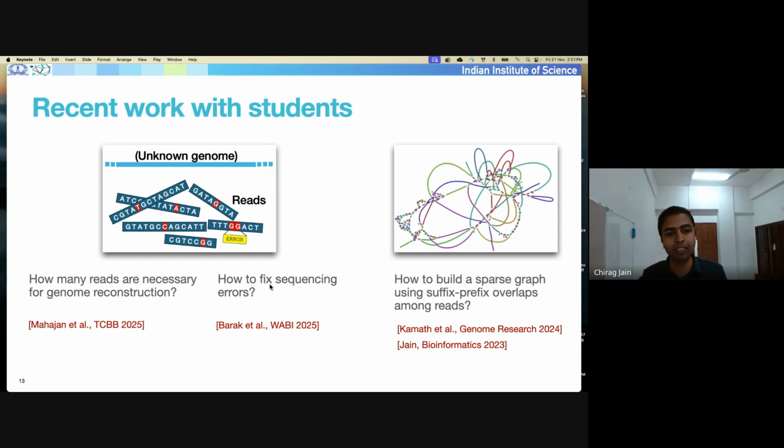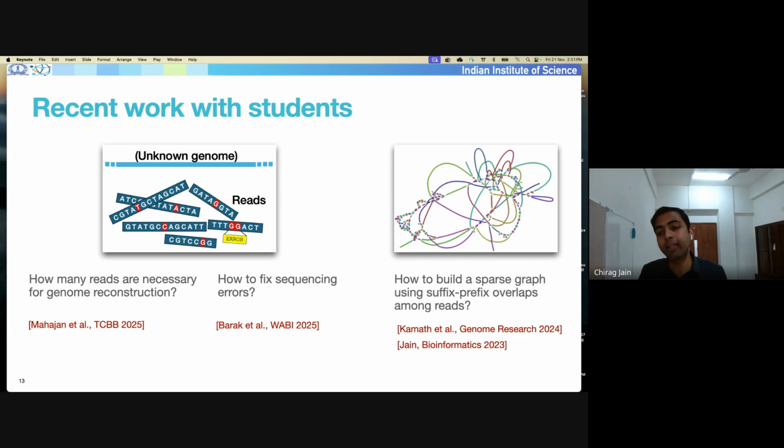Suppose the reads are error free. The third question that we also recently addressed was, how do you build a sparse graph using suffix prefix overlaps among the reads? The reason I say sparse is that if the graph is too dense, then it would be hard to figure out the correct walk in the graph that corresponds to the actual genome sequence.